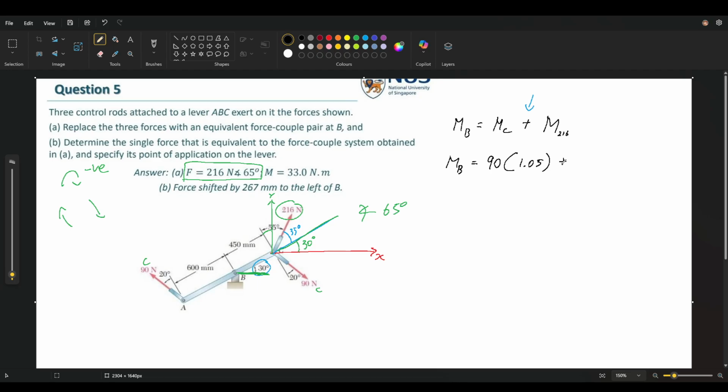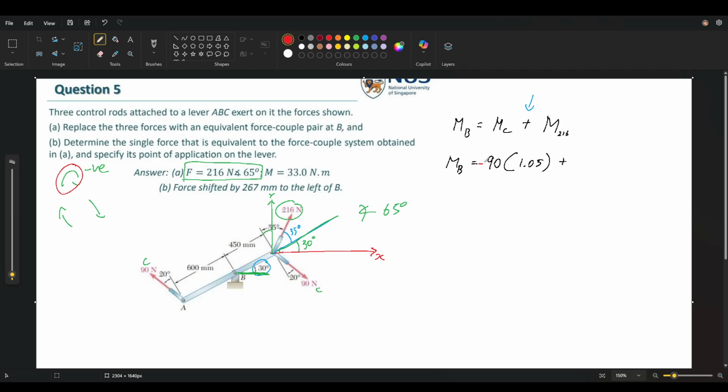Oh damn, I actually do need to consider polarity already. Alright, my bad, guys. Let's consider polarity now. For my couple, we identified over here already, we are going in a clockwise direction, so it is a negative.